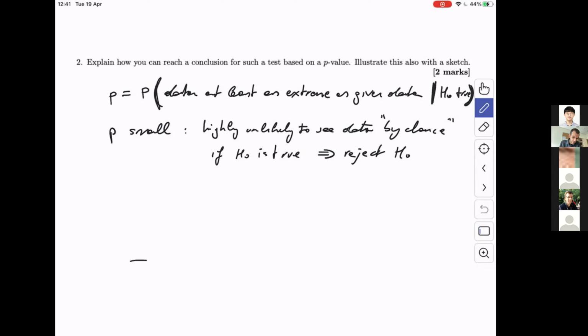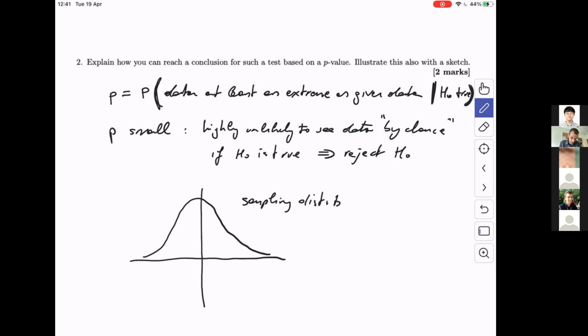And the sketch to keep in mind is the sketch of the sampling distribution. If we look at the sampling distribution, we typically get a t or a normal distribution with mean 0 and with variance 1. And then we have our critical values.